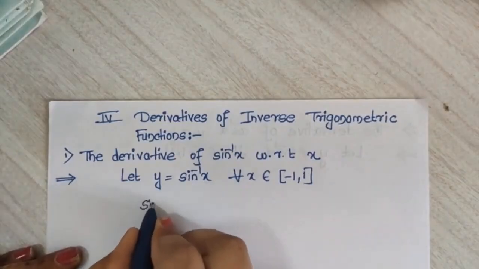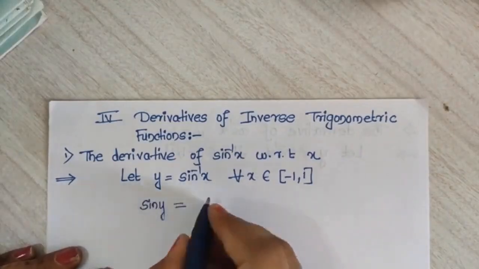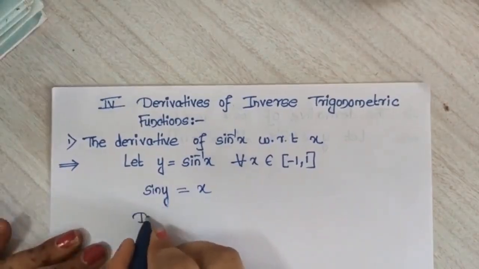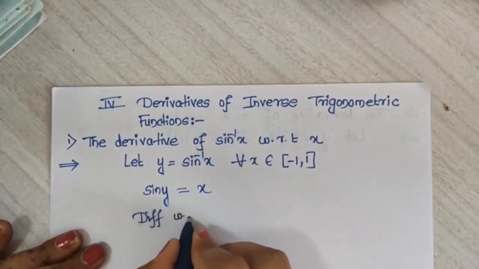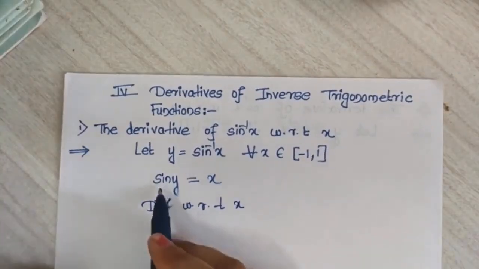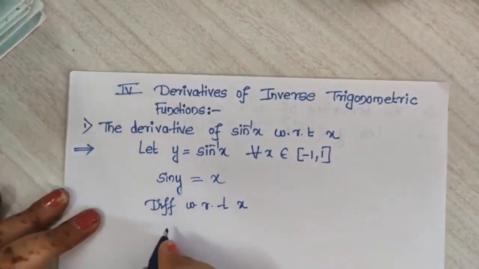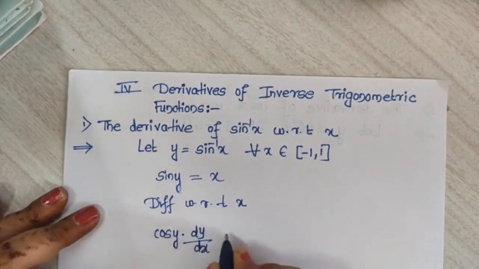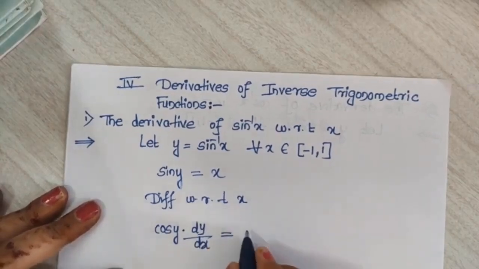So you will get sin y is equal to x. Now differentiating with respect to x. Sin y differentiation with respect to x: sin differentiation is cos, so I'll write cos y into dy by dx is equal to differentiation of x with respect to x, which is 1.